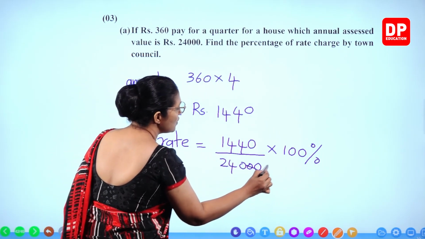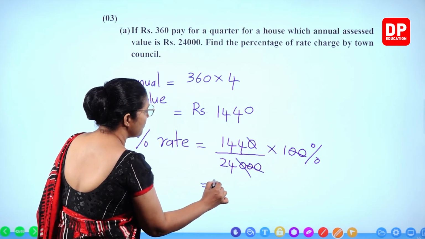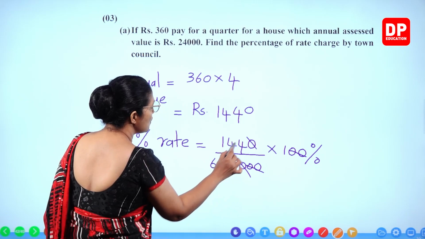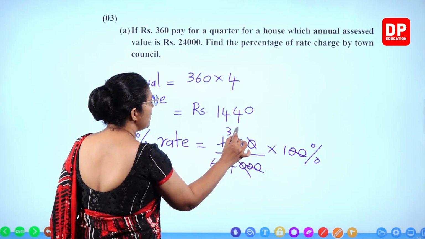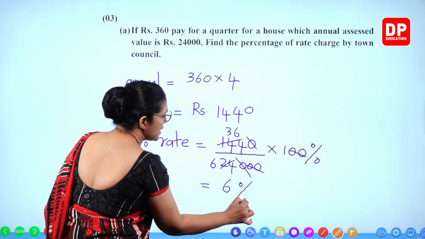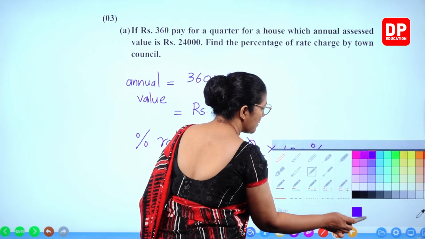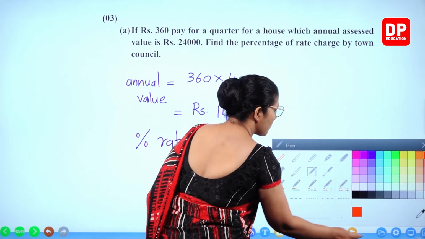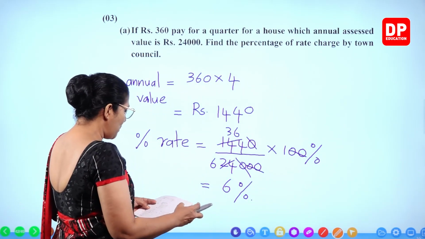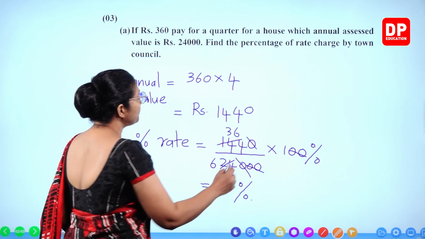So you get 2 zeros get cancelled out and 1 0 here. 4 times 6, 4 times 3, 12. So 36 divided by 6. So 6% is the rate, percentage rate. So how many marks for that part? You are getting 4 marks.